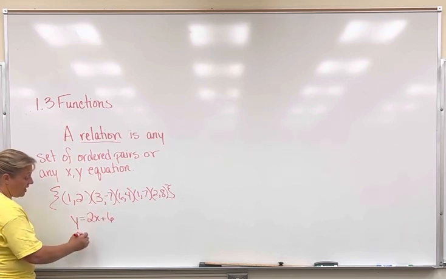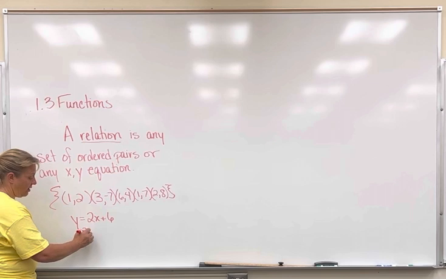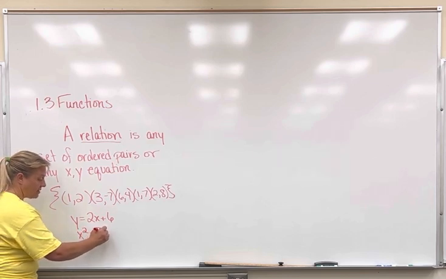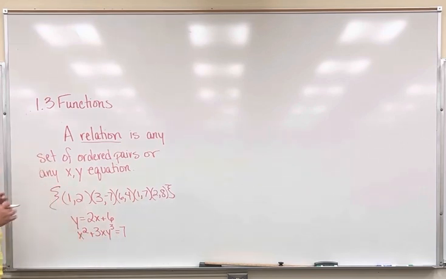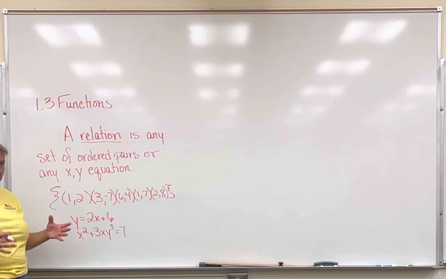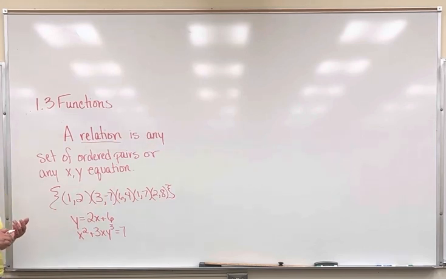We could see something uglier like x squared plus 3x y cubed equals 7. Okay. As long as it has x's and y's in it, it doesn't really matter what the arrangement is. That's going to be a relation. Okay, so basically any equation with x and y that you could graph is a relation.